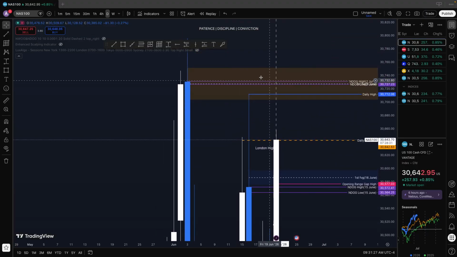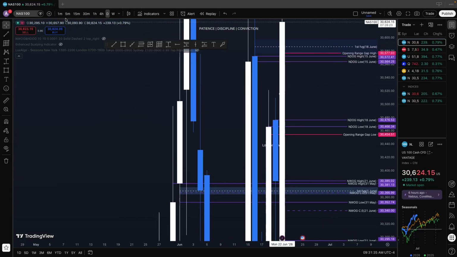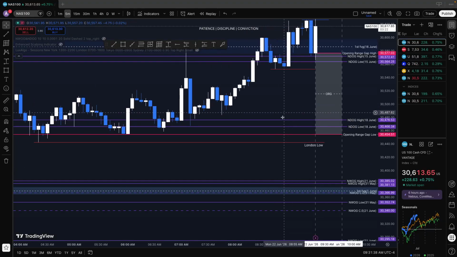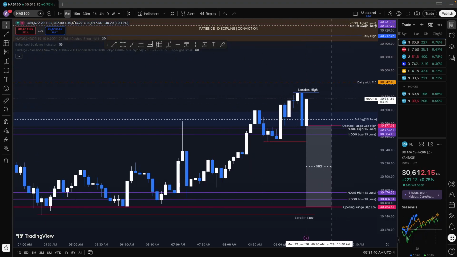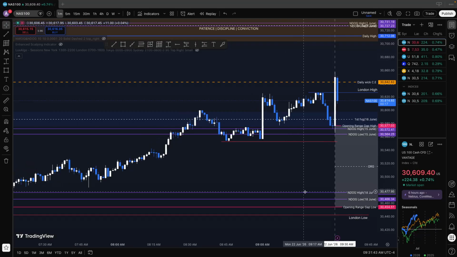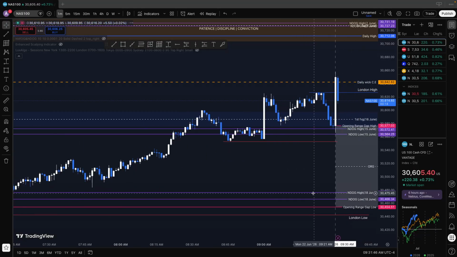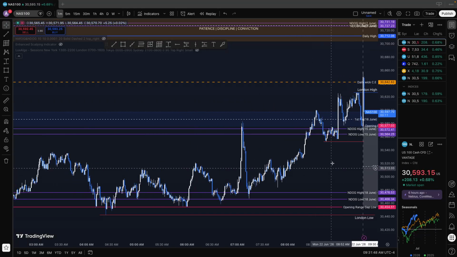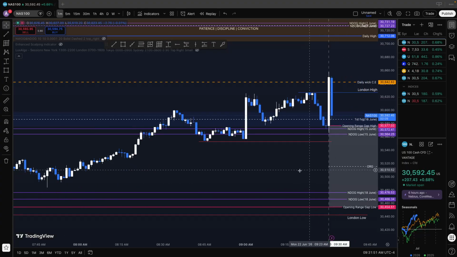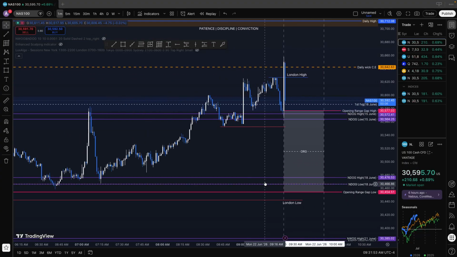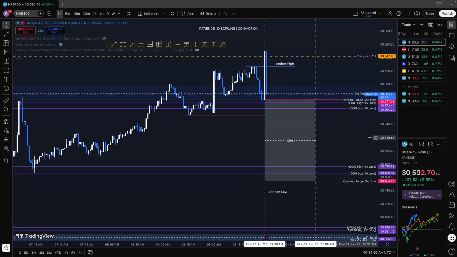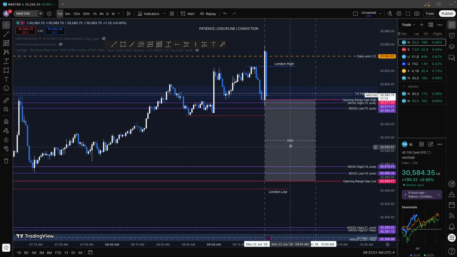So my eyes are set on this. 70% of the time, price will wanna come back to the opening range gap midpoint.